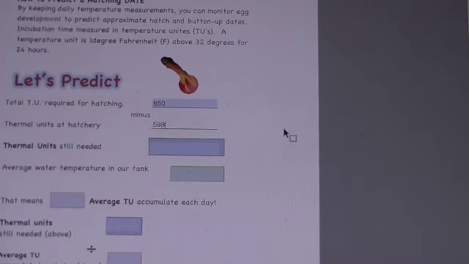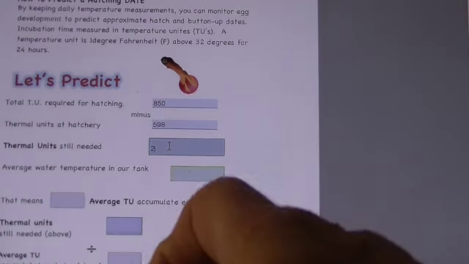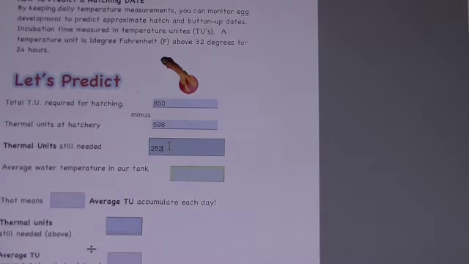Okay, so now we need to figure out how many thermal units are still needed. So we will subtract the 598 from the 850, and what is that number? Okay, did you get the number 252? If so, that's the number that is correct.